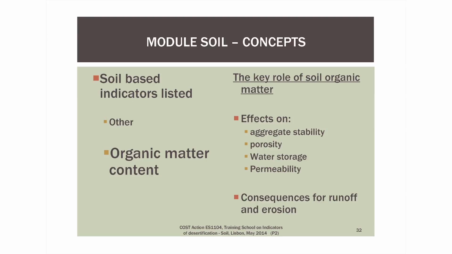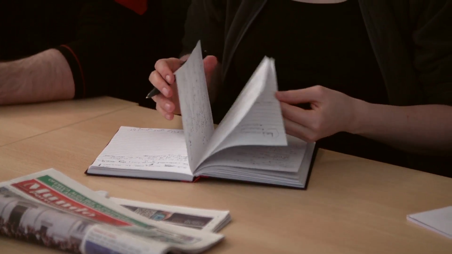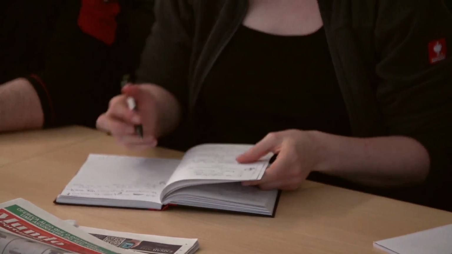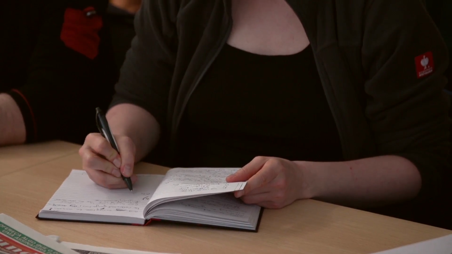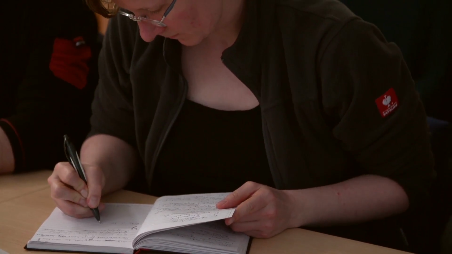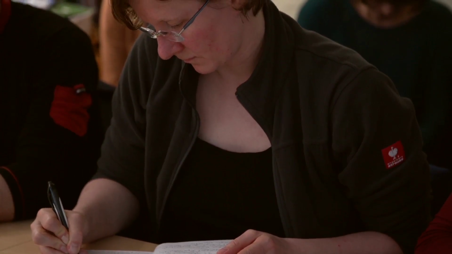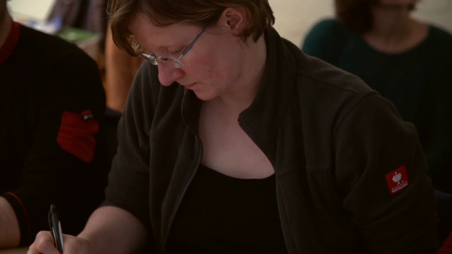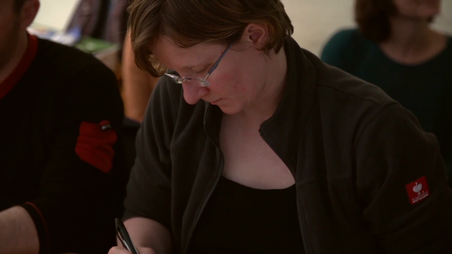Organic matter is the key issue to break the degradation cycle. And this is very, very important in dry land, because in dry land, organic matter is not brilliant in terms of content. And it has very big difficulties to become brilliant.